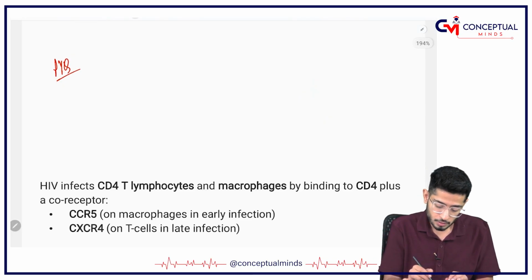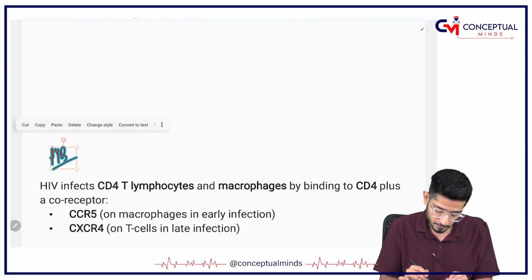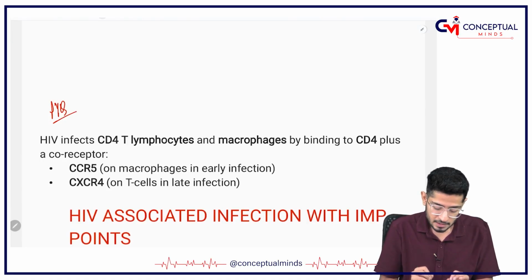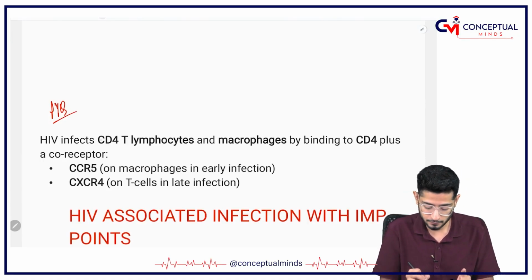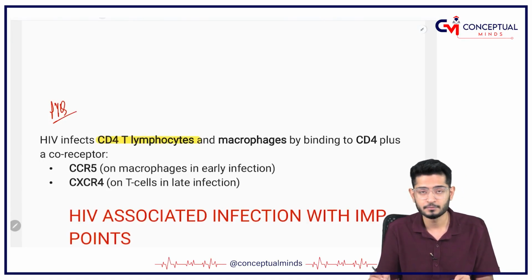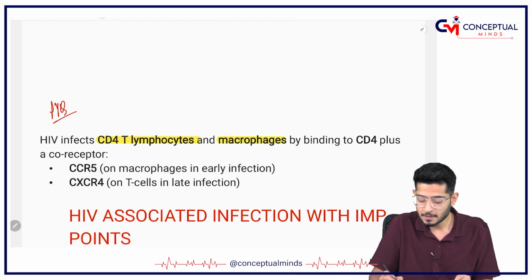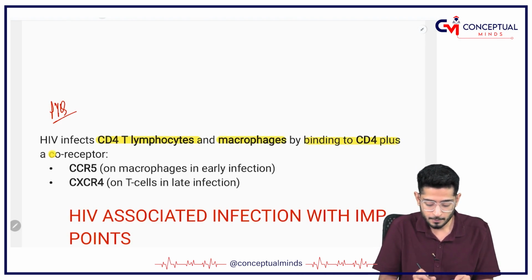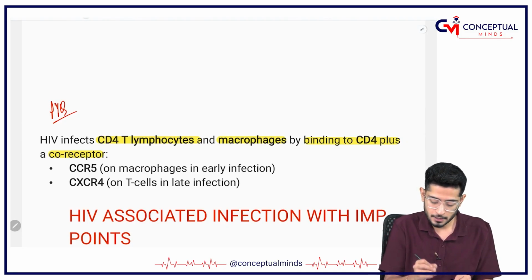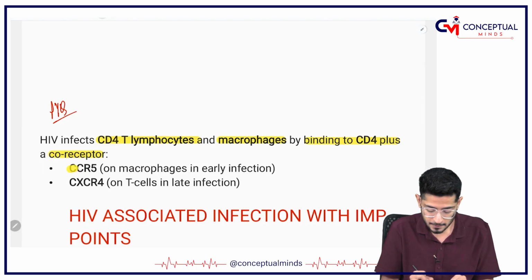Now, coming to this very important previous year question: HIV infects which cells? First of all, they infect CD4 T lymphocytes and macrophages by binding to CD4 and also co-receptors. So, one is the CD4, the other is the co-receptors. What are the co-receptors?